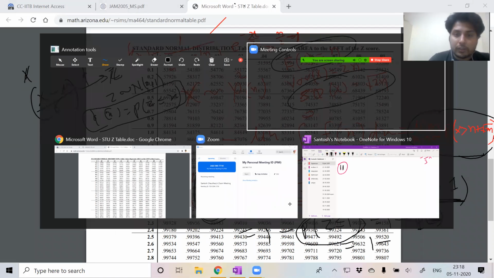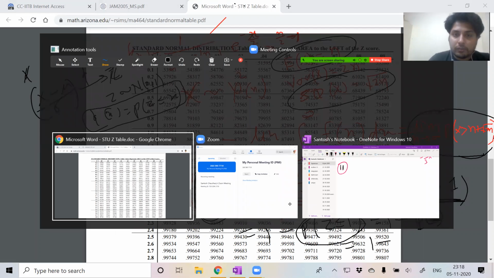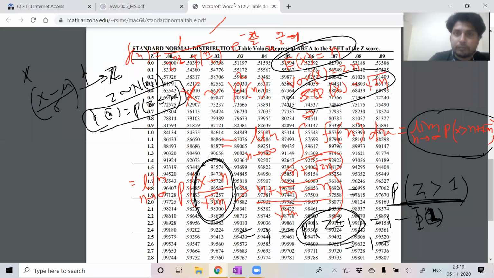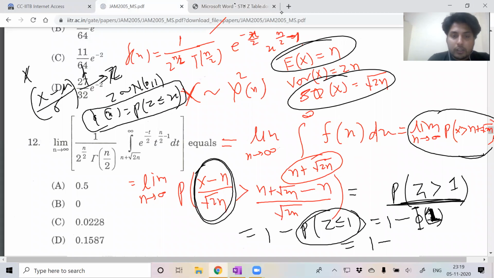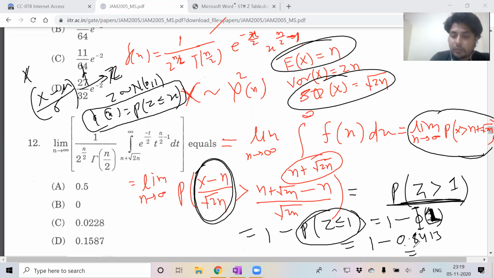So let's calculate this. What we have is 1 minus 0.8413, right? After simplification we'll get 0.1587. Please check the calculation. So it is 0.1587, and D is the correct option.